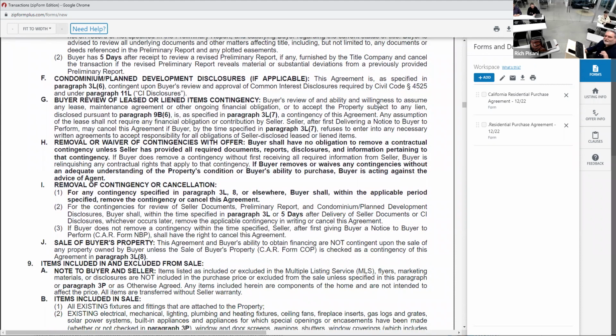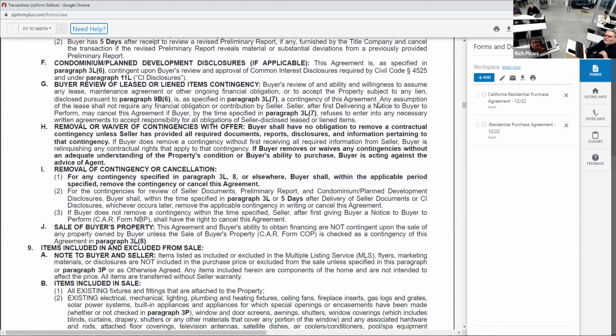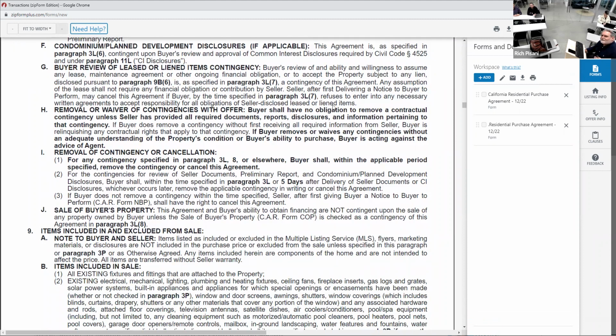It talks about reviewing lease or lien items, removal or waiver of contingency. Buyer shall have no obligation to remove a contractual contingency unless seller has provided all required documents, reports, disclosures, and information pertaining to that contingency.